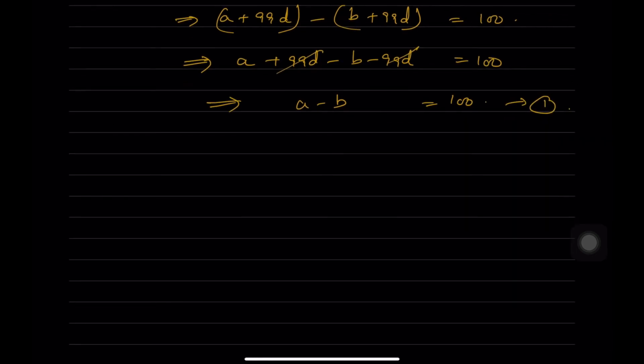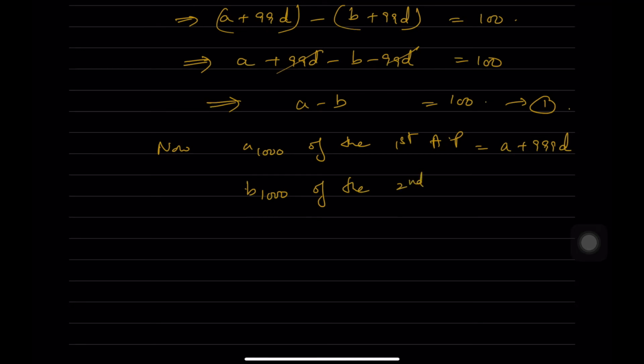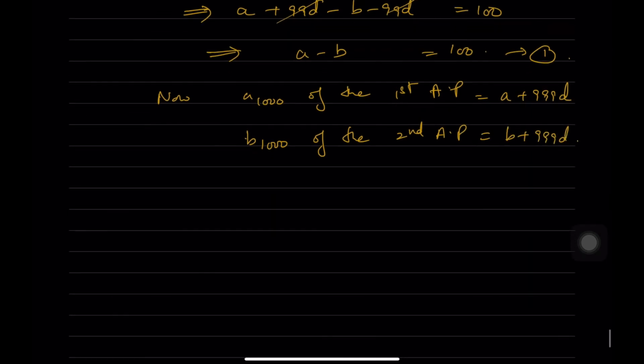So now A1000 of the first AP is equal to A plus 999D, and B1000 of the second AP is equal to B plus 999D. So now the difference of their 100th terms, A minus B, is equal to 100, we got.